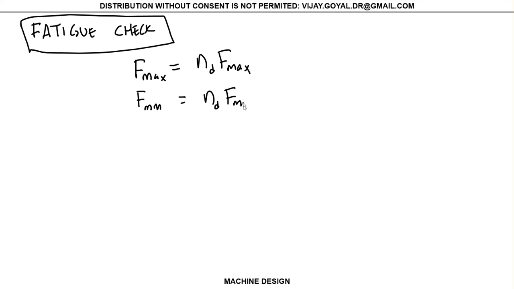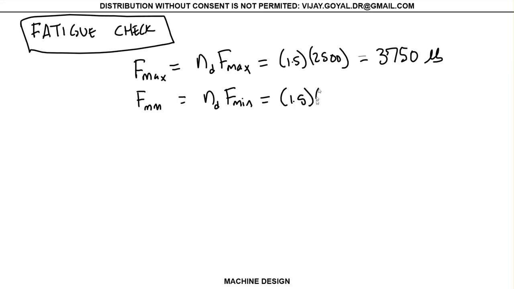That's important, that you always take care of that. So this is 1.5 times 2500, which gives you 3,750 pounds. And 1.5 times 2,000 gives you 3,000 pounds.